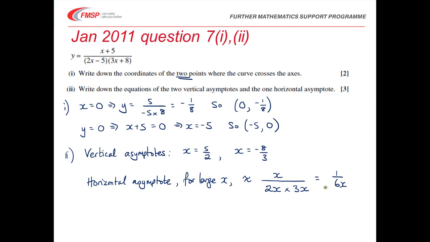So for large x, y is roughly 1 over 6x, which of course tends towards 0 if x is very large. So the horizontal asymptote is y equals 0. In other words, the x-axis.